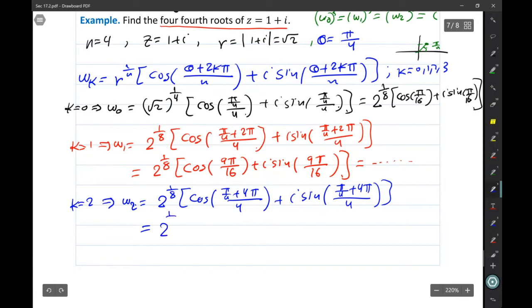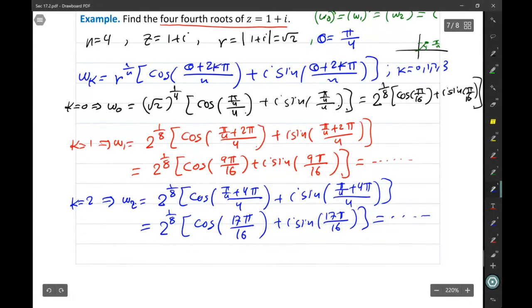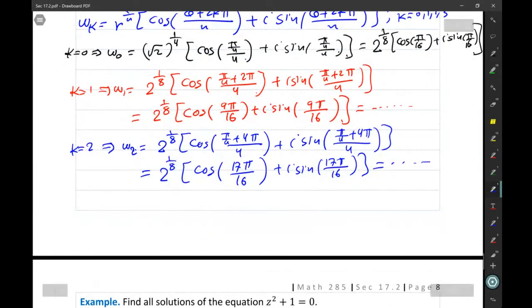When you simplify, 2 to the power 1/8 times cosine 17π/16 plus i times sine 17π/16. Of course we have to do the calculation using the calculator.